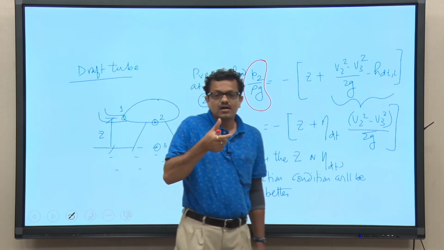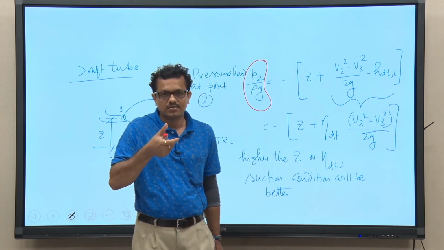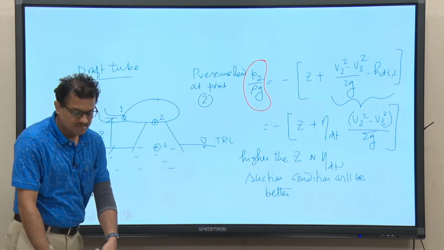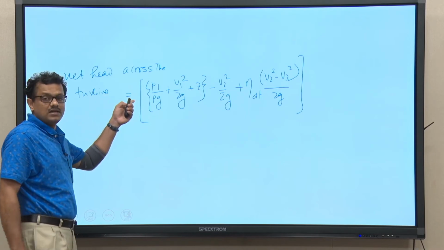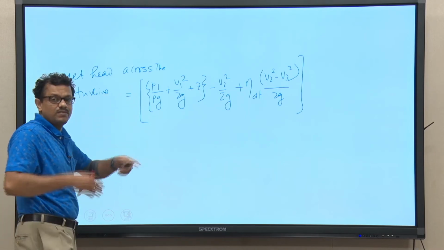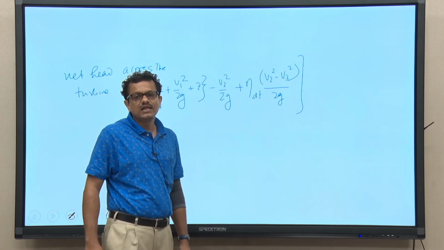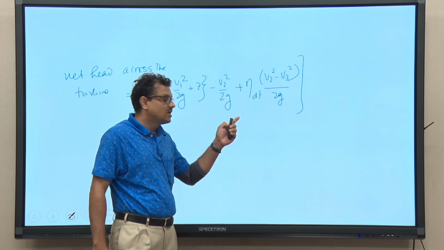Because it allows recovery of the kinetic energy by arresting the velocity head. And it is because of this that the net head made available across the turbine can be increased. If it is higher, then efficiency will be higher.